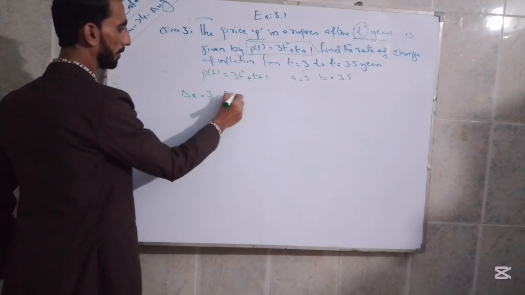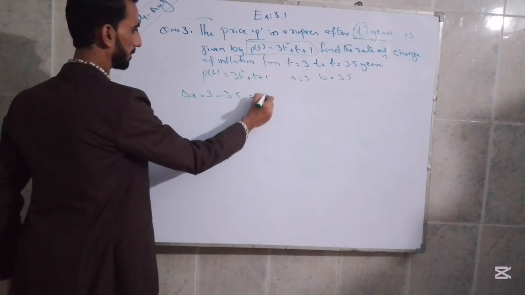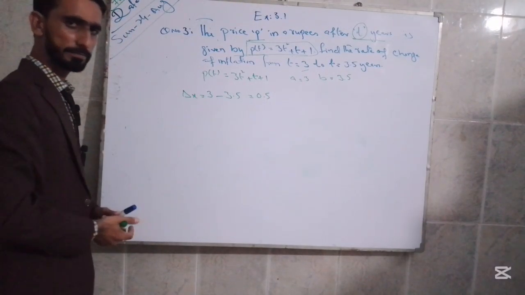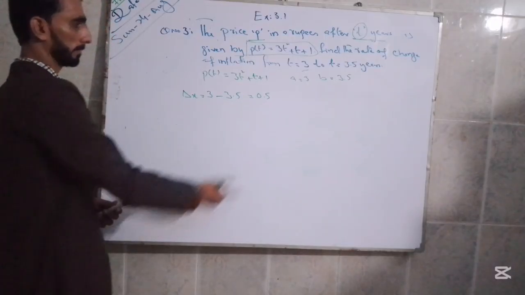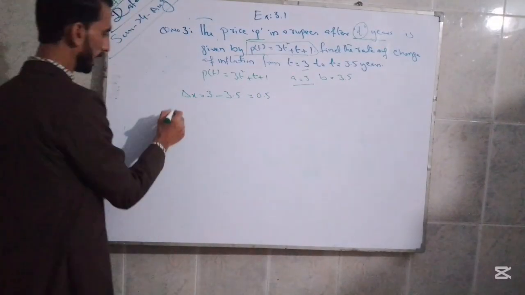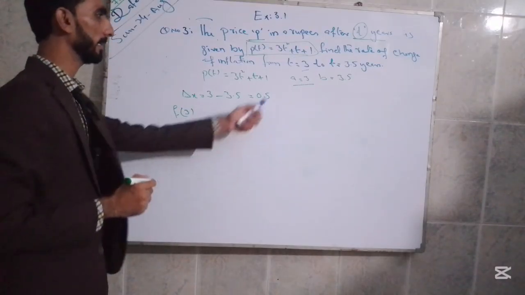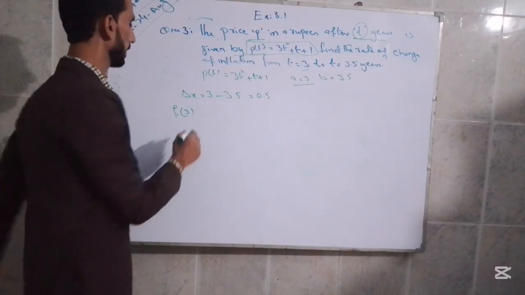Now first we find the difference of these points. 3.5 minus 3 is 0.5. Now we find f of a. f of a means f of 3. A is 3.